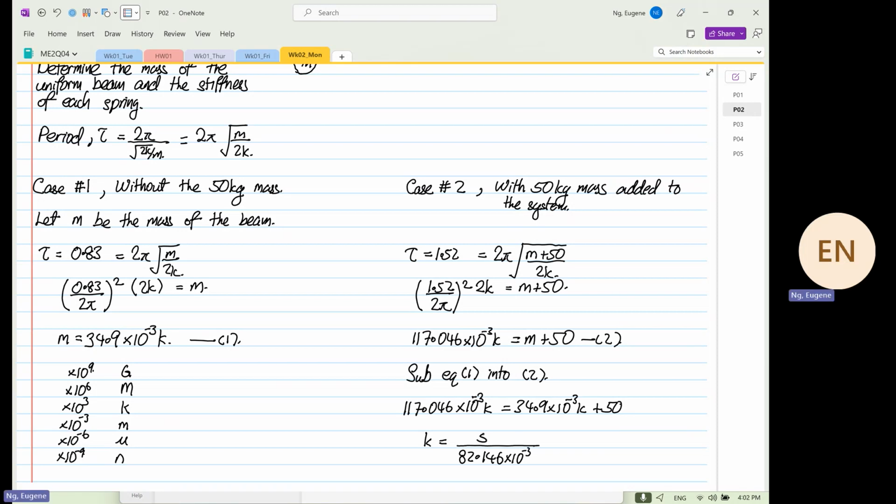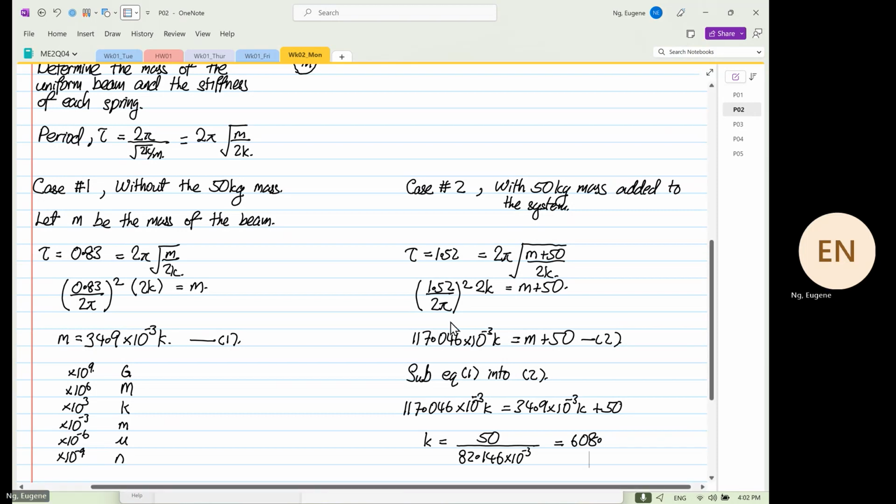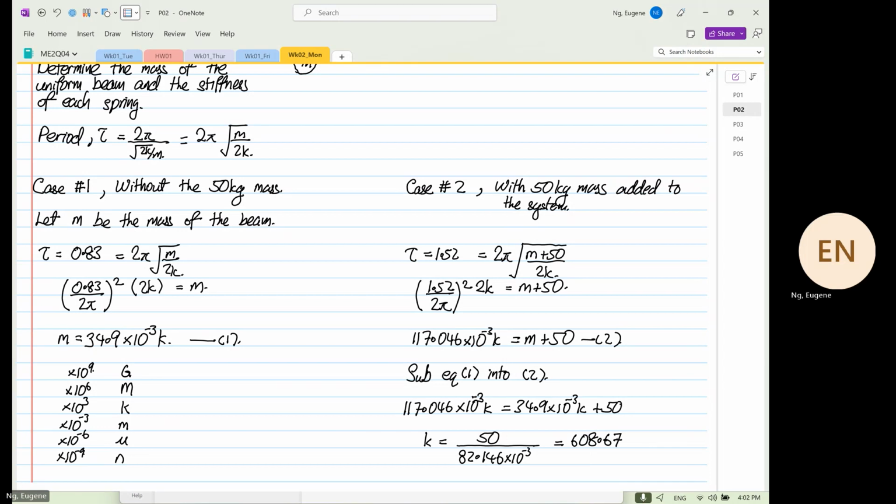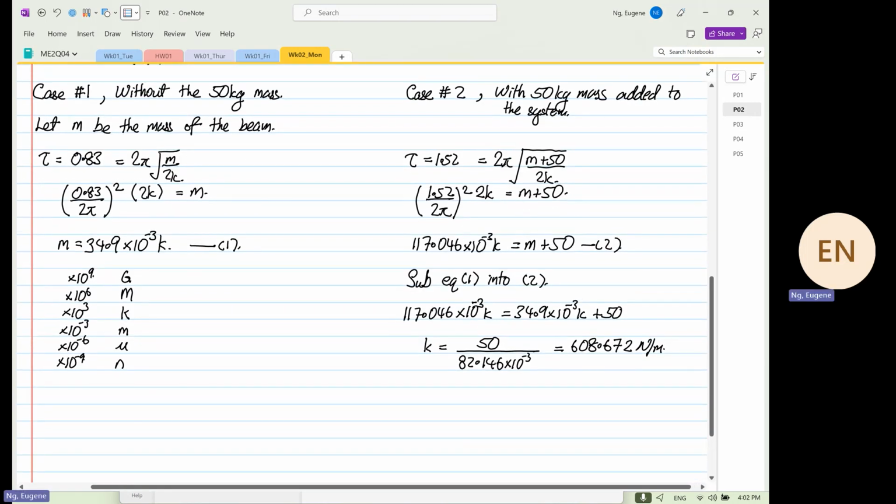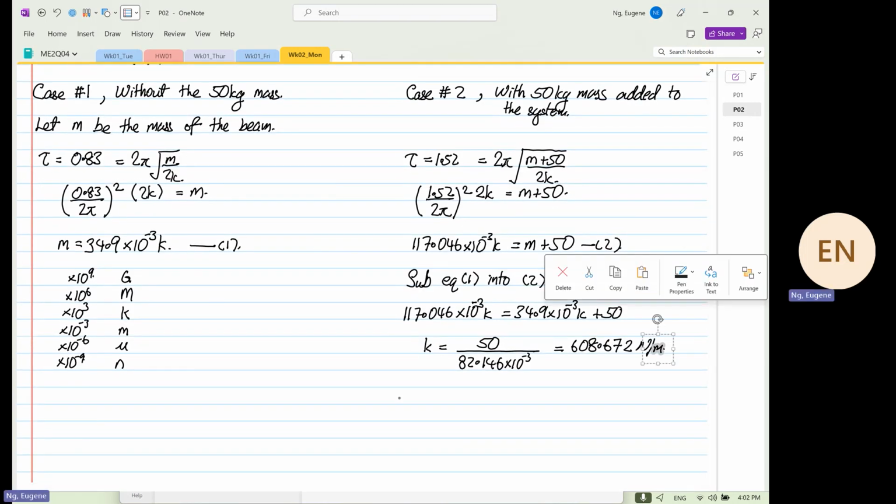And then we have 50 over here, so it's equal to 608.672 Newton per meter.